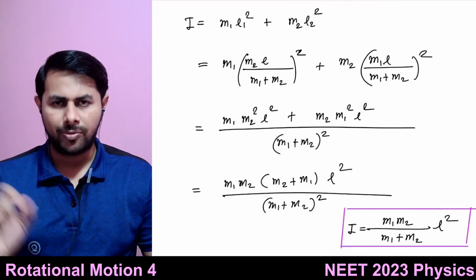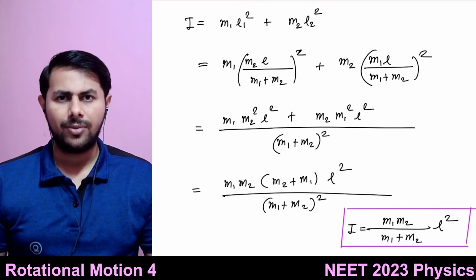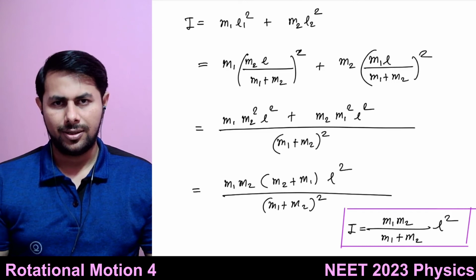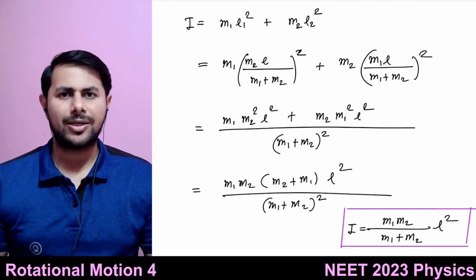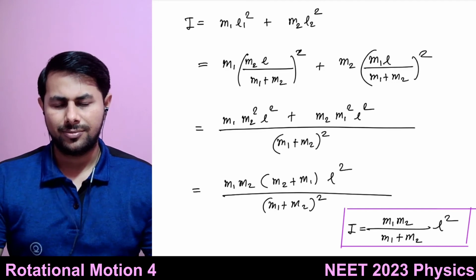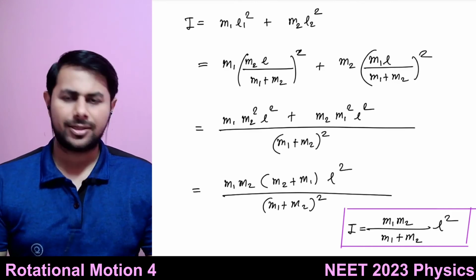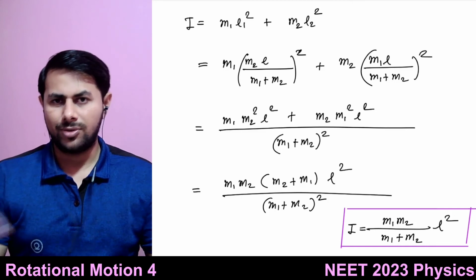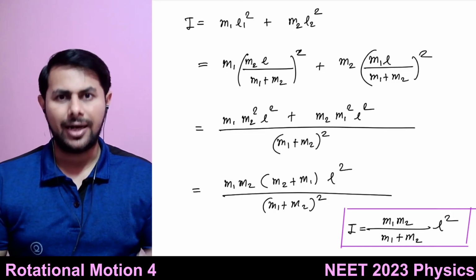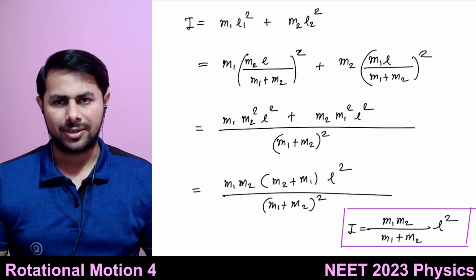And now, see, we will memorize this formula also. This is the moment of inertia of two masses about an axis which is perpendicular to the line joining the two masses and which passes through the center of mass.